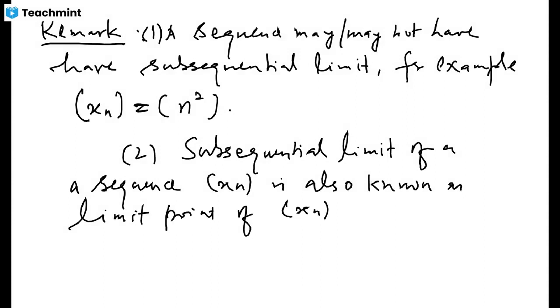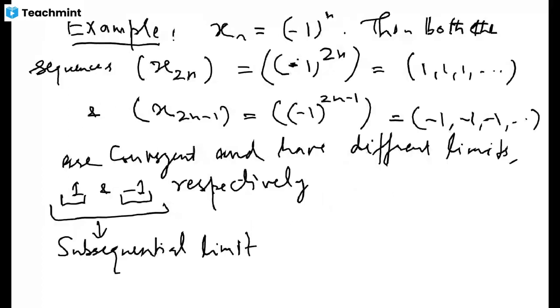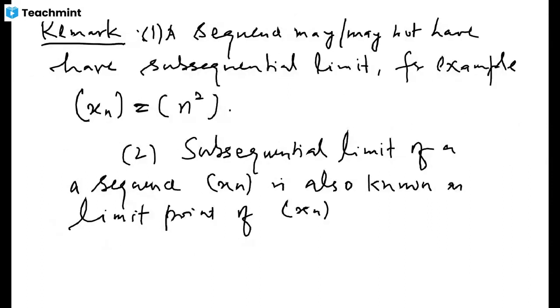See, I'm not saying it is a limit of the sequence, I'm saying it is a limit point of xn. The limit of a sequence is always unique, but as can be seen, the limit points of a sequence may be more than one. For example, this given sequence with 1 and -1 has two limit points.